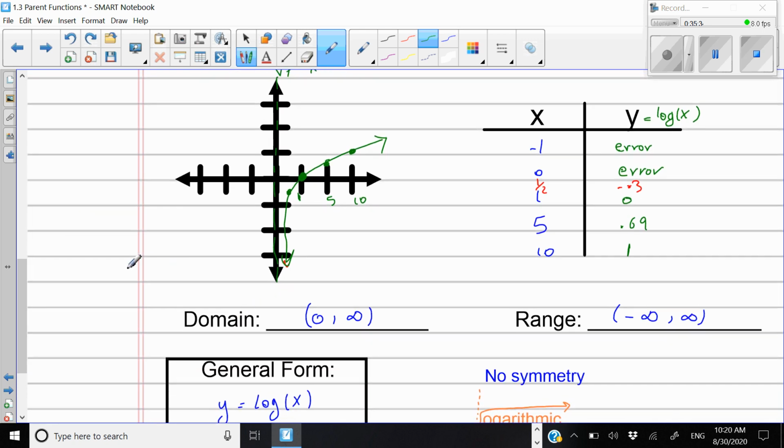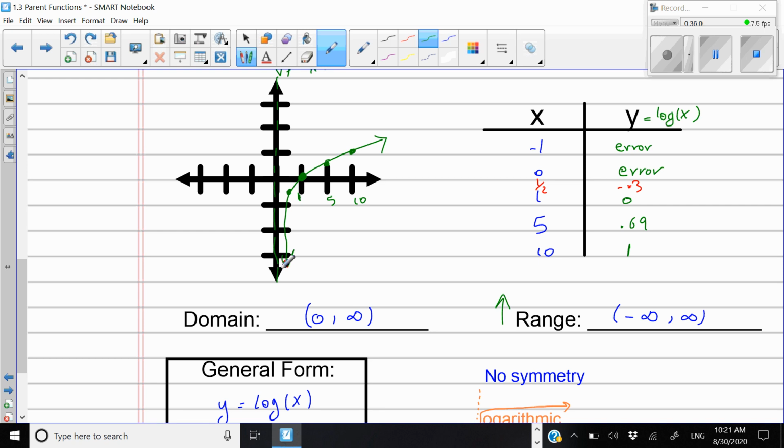To find the domain, I see that my graph is not covering the negative x values and starts from after 0. The 0 itself is not defined. As you see, if we give 0 to x, we get an error. And also for negative values, we get an error. That means negatives and 0 are not covered. So it starts from after 0. That's why I put parentheses and then it goes to infinity.